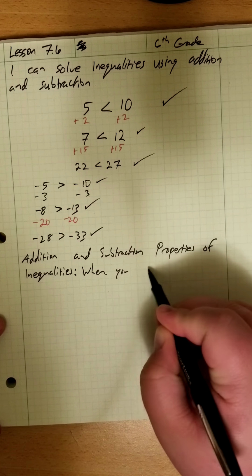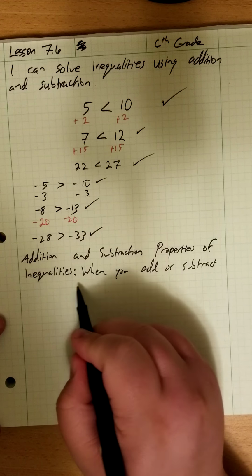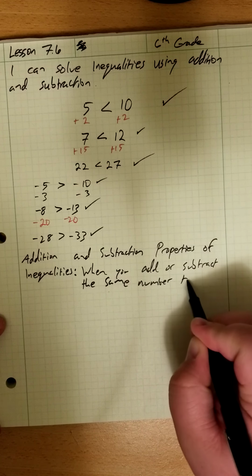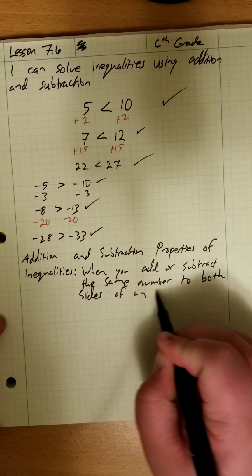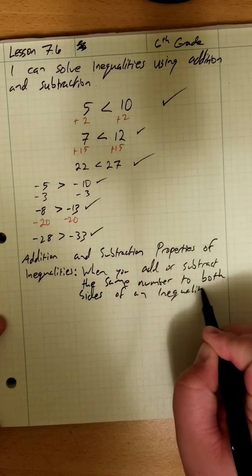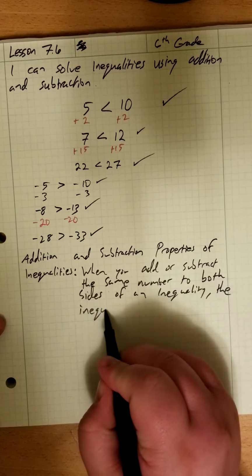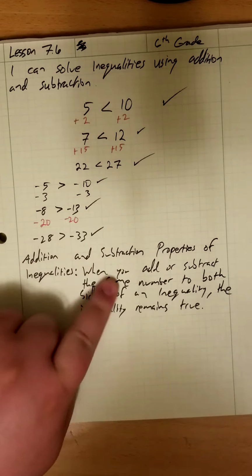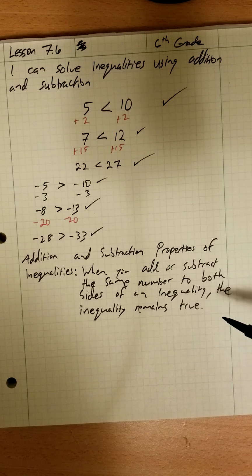When you add or subtract the same number to both sides of an inequality, the inequality remains true. If you add or subtract the same number to both sides of an inequality, the inequality remains true.